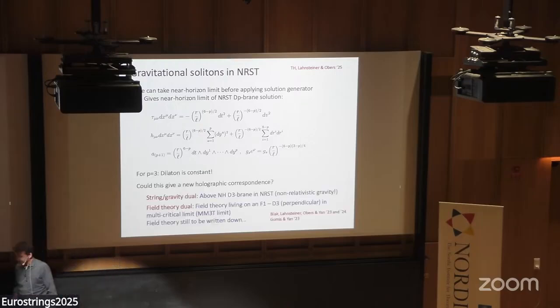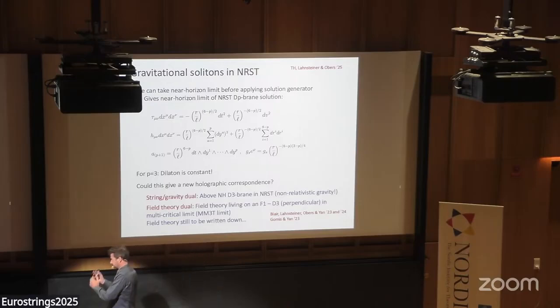So we think perhaps this could give rise to a new holographic correspondence. We haven't had time to explore it yet, but we are planning to do it. What's interesting, we think at least, is that this is really a gravity background in some version of non-relativistic gravity.